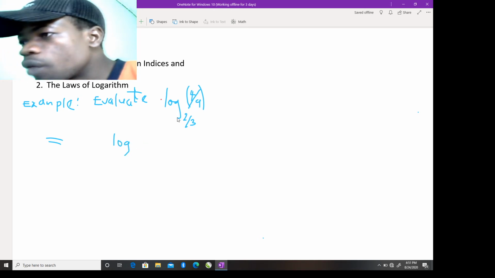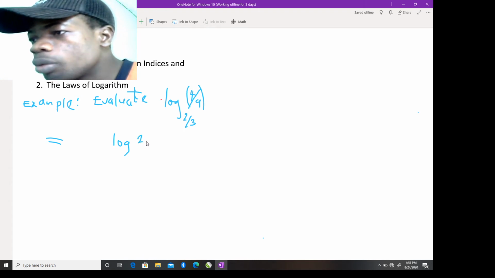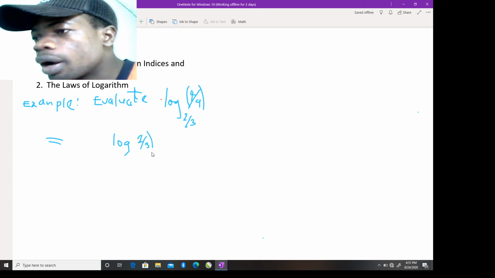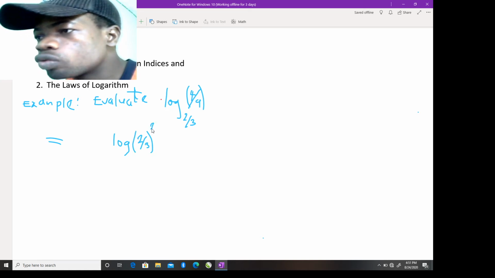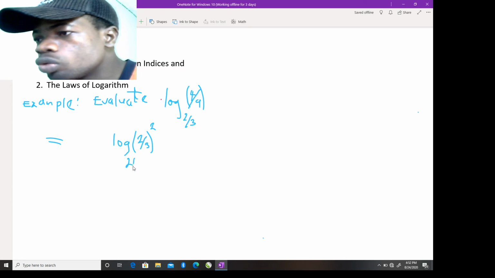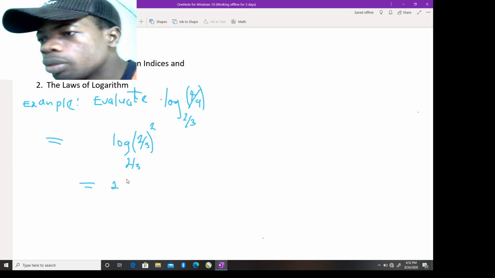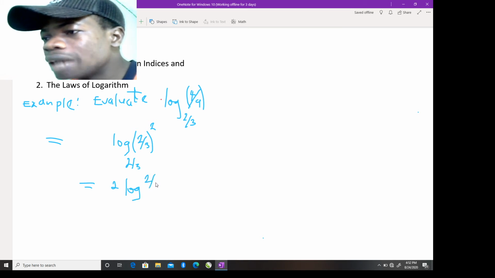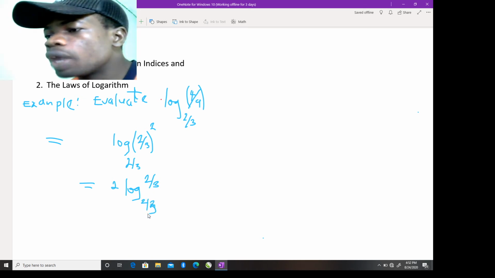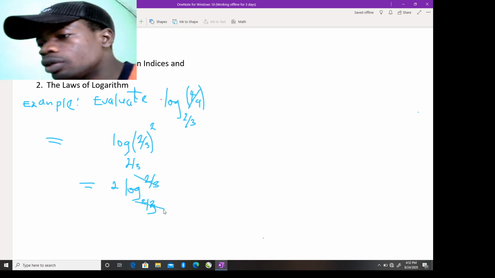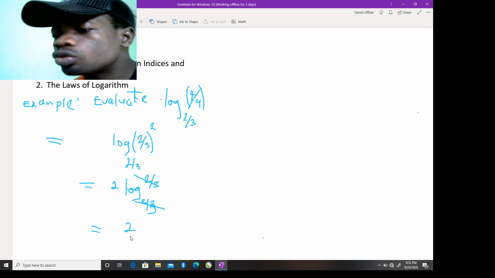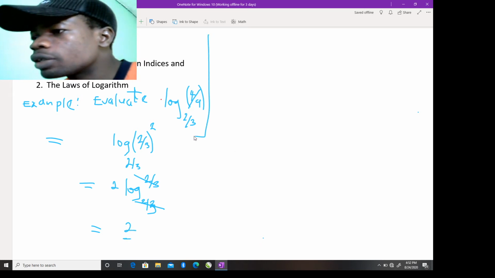I can see this is 4/9, and I can express this in index form, which will be 2/3 all raised to power 2. Then you have the base also to be 2/3. So the power of this will come here according to the law of logarithm. So you have 2 log 2 divides 3, base 2 divides 3. Common base, this crosses out this. So our final answer is 2. That is for that.